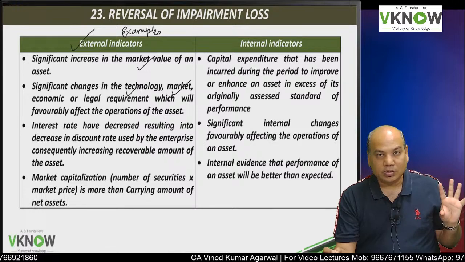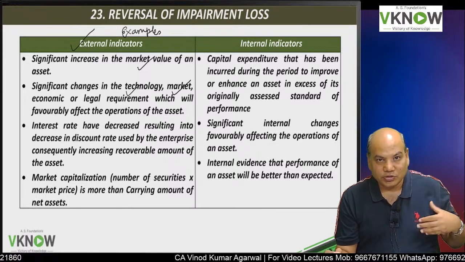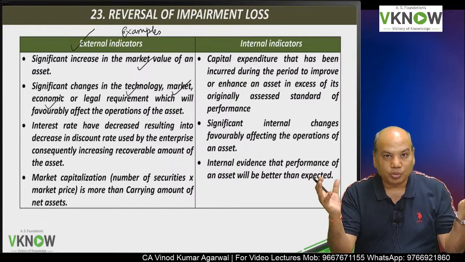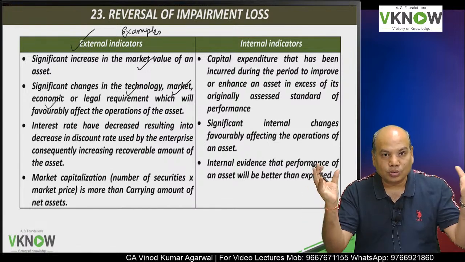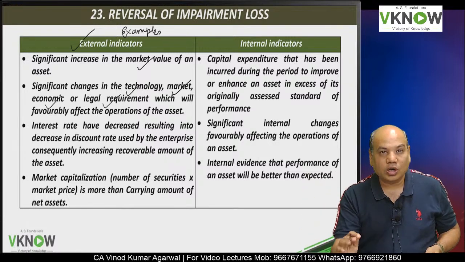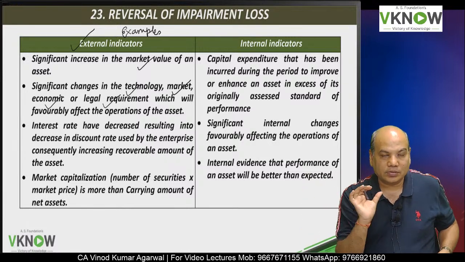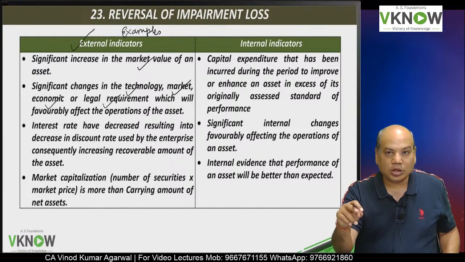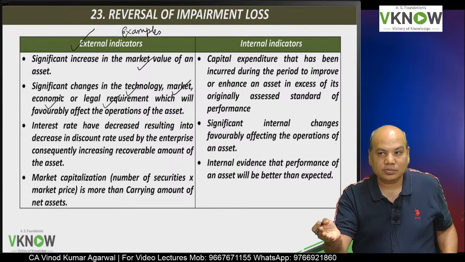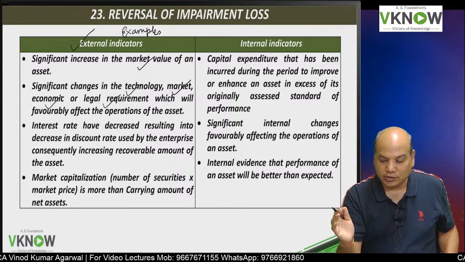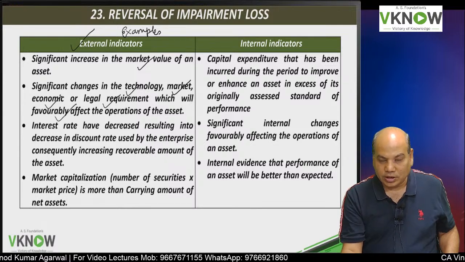The market demand has again changed in favor of your product, the economy has boomed, there is growth, there is demand. Government law has also changed in your favor. Earlier the government had banned the product, now the government has removed the ban and you can manufacture that product, so your value in use will increase. So these are external indications.